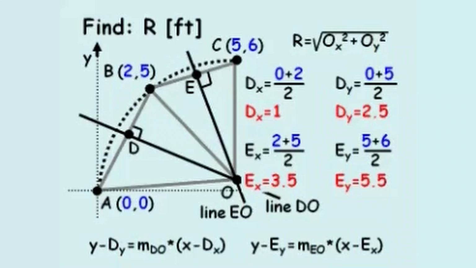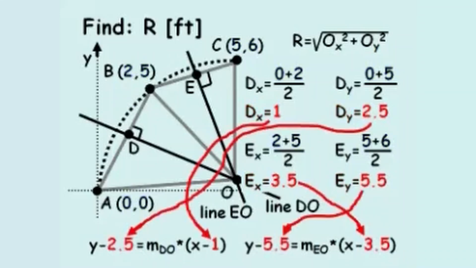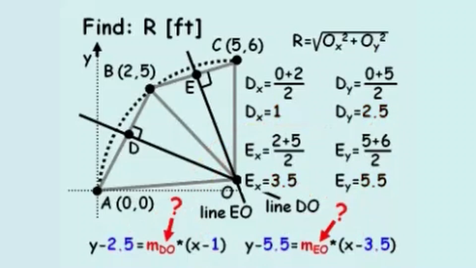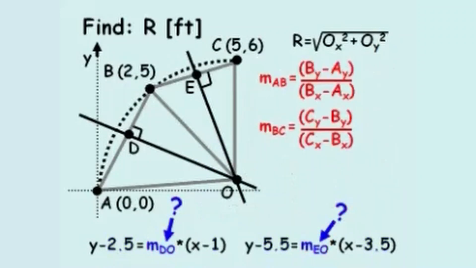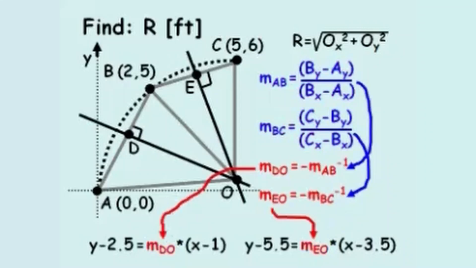After plugging in these coordinates, we still have to solve for the slopes of lines DO and EO. First, we'll find the slopes of lines AB and BC. Then we'll determine the slopes of lines DO and EO, since the slopes of perpendicular lines in 2 dimensions are negative reciprocals of each other.